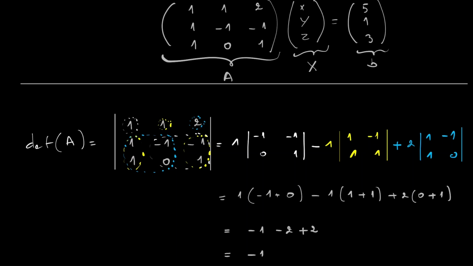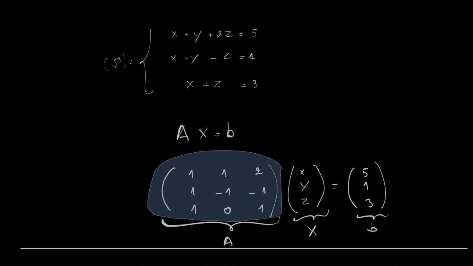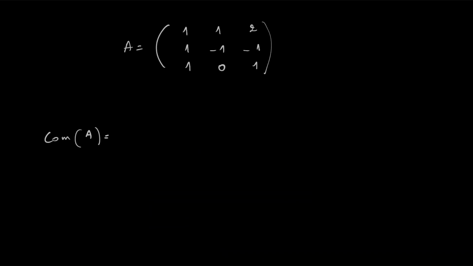Next, we have to calculate the cofactor matrix. Let's take A and go to another page. We have to find the 2 by 2 minors for each position and apply our alternating signs.